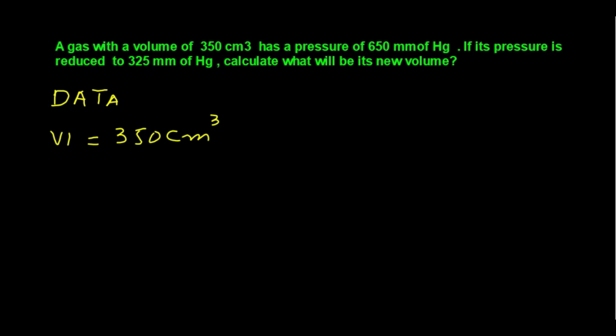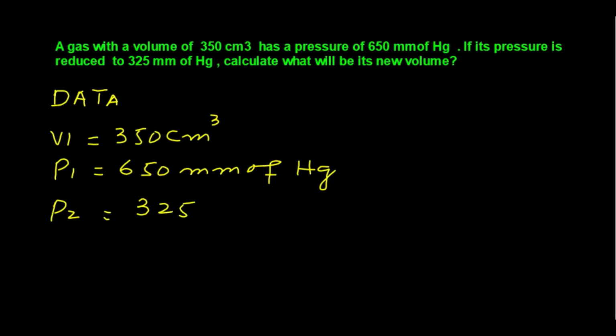And initial pressure which is given, that is P1, is equal to 650 millimeter of mercury. P2, that is final pressure which is given, it is 325 millimeter of mercury. And we are asked to calculate new volume, that is V2, the final volume.